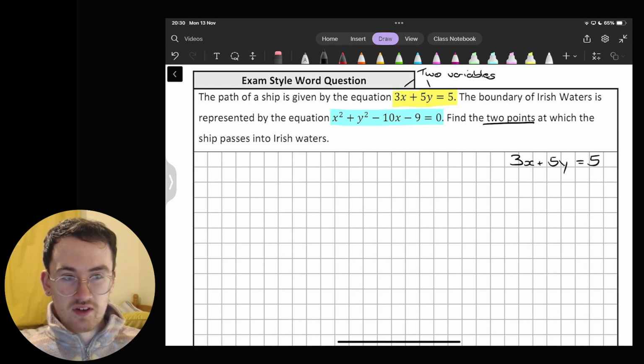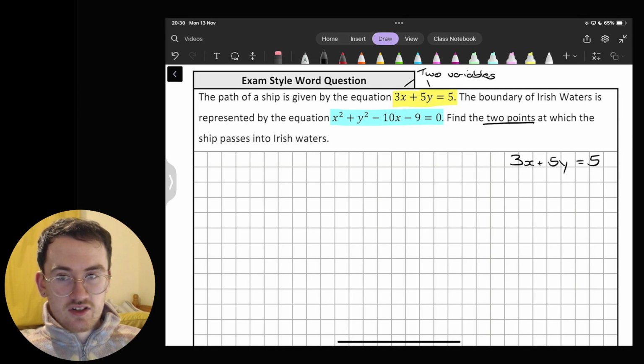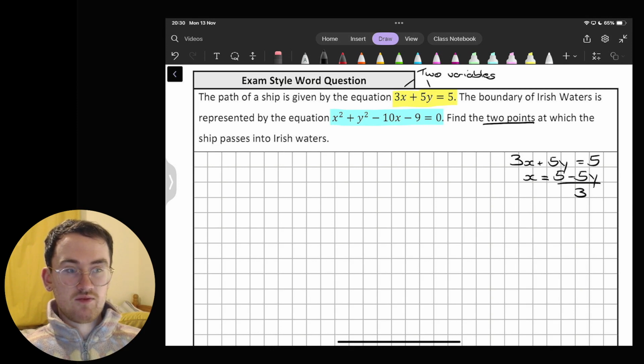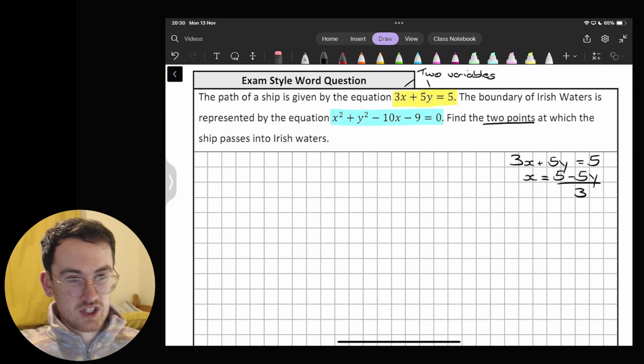We're just going to try and rewrite it in terms of one of the variables. It doesn't actually matter which of the variables we decide to go with, to be quite honest. So let's just rewrite it in terms of x. That's going to give me x equals 5 minus 5y over 3. Again, it doesn't particularly matter which of them we go for.